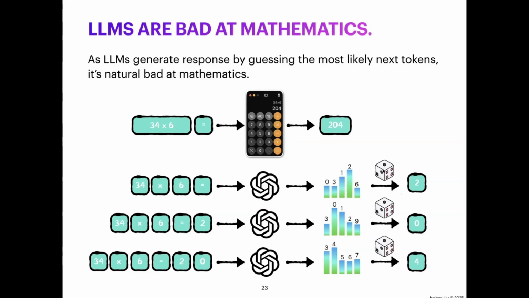And then it will roll a dice and see which is the next token. So there's a chance that the most likely token doesn't come out. If the equation is very simple, chances are by guessing the most likely next token, it can still get the answer correctly.